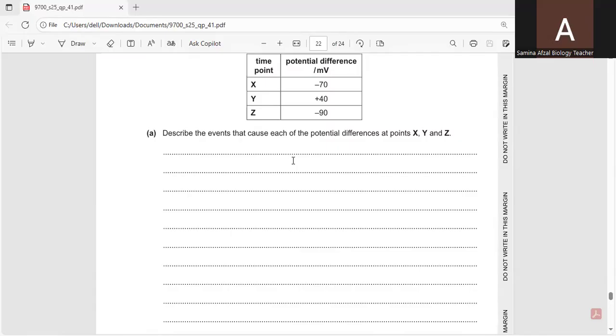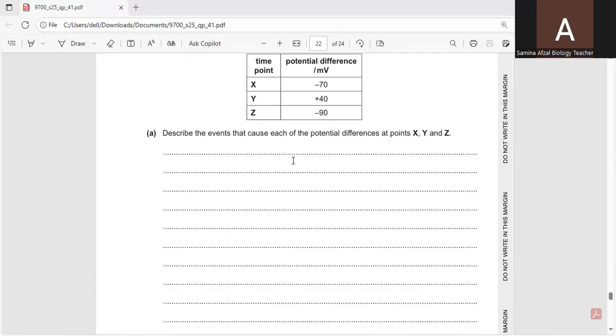Then at time point Y, which is plus 40, you can see the peak of the action potential is here at this point, so the membrane is fully depolarized, reaching the peak of the action potential. A stimulus has caused the membrane potential to reach the threshold potential, leading to the rapid and massive opening of voltage gated channels for sodium ions.